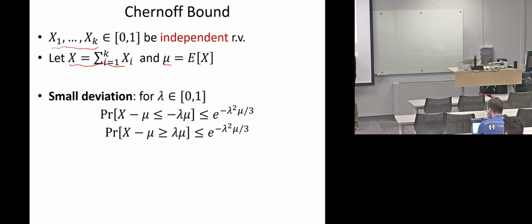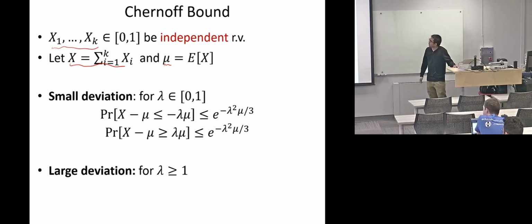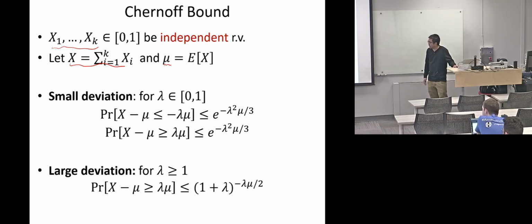Okay. And this says that if lambda is 0.1, the probability that x deviates from the mean by more than 0.1 of the mean is also exponentially small. And you also have a better bound for large deviation.